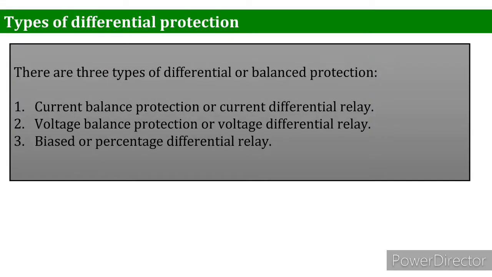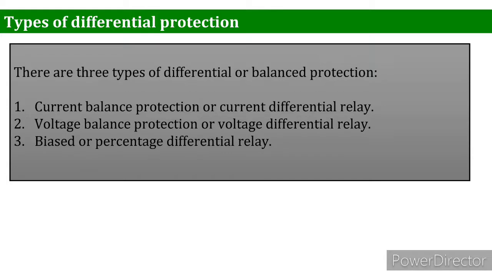If we talk about the types of differential protection, there are two fundamental systems of differential or balance protection. One is current balance protection and the other is voltage balance protection. Specifically, if we divide it, we have three categories.